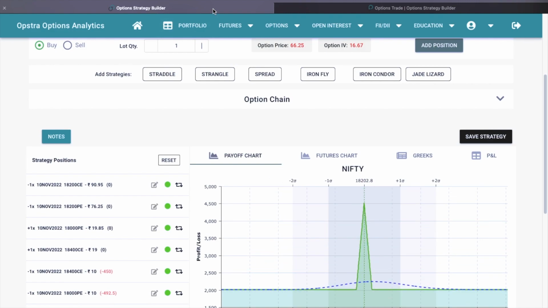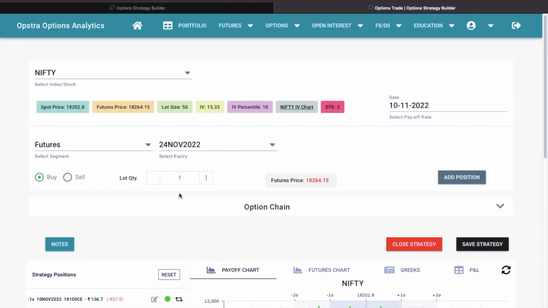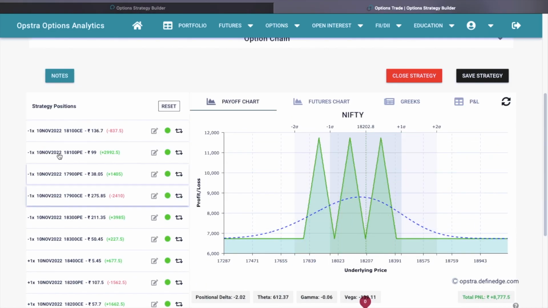Okay, so this I have made it for three straddles. Let's say the market is at 18,200, and you take position of straddles at 18,100, 18,200, and 18,300 like this. Okay, so for three, if you keep on shifting your hedges, ultimately you will reach a position here.